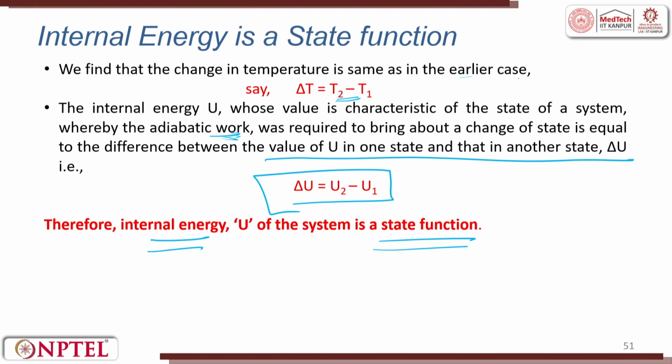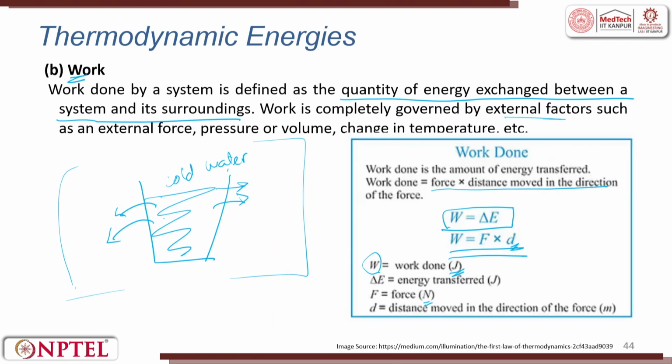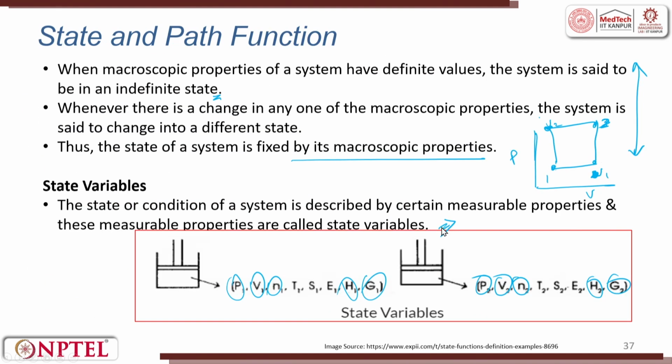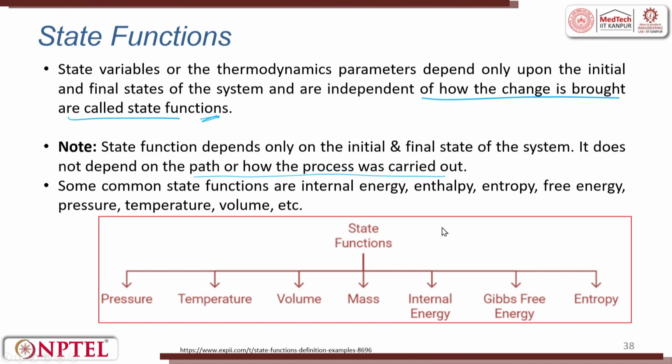Now, what are we trying to do? We are time and again trying to say that internal energy is a state function. If you go back and see where we discussed all these state functions, state variables or thermodynamic parameters depend only upon the initial and the final state of the system, right.